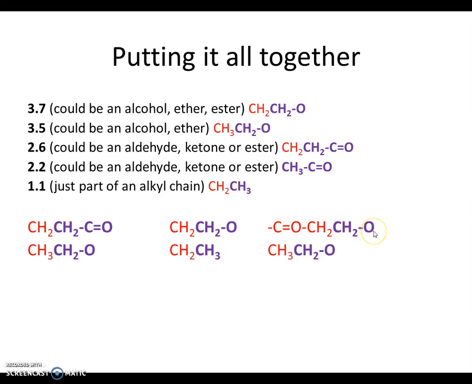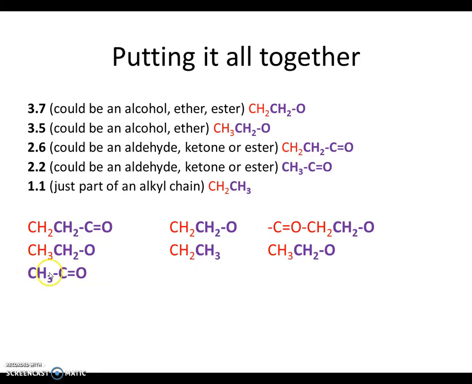Okay, the next one, we've got a CH3 next to a CH2, which is joined to an oxygen. We know from 1.1 we've got a CH2 joined to a CH3. So that tells us that these two fragments are the same. So we've got a CH3, a CH2 onto an oxygen.